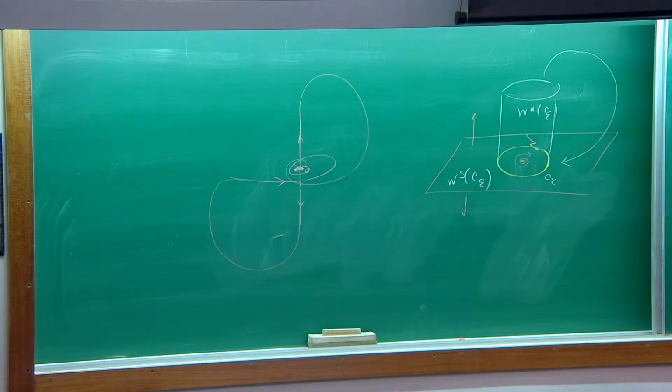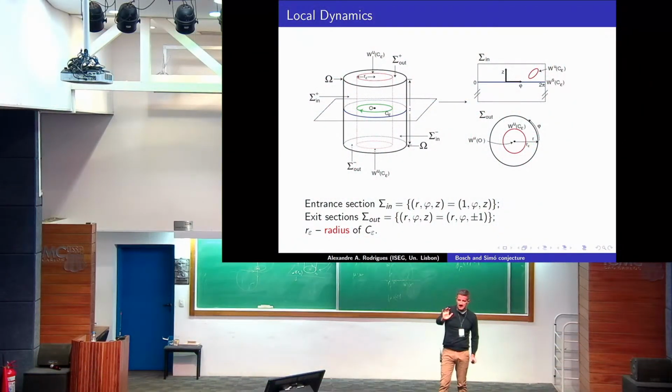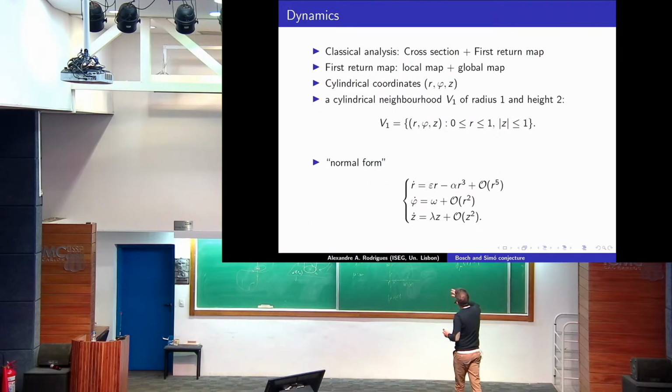In particular, it's possible to define some sets, for example the wall of the cylinder, in which the flow goes in. Because I know that the dynamics of the original flow is conjugated, is more or less the same as the dynamics of this differential equation, okay?